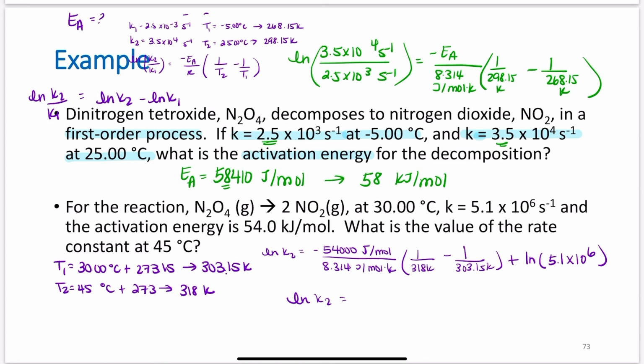Natural log of K2 equals 16.46. Raise everything to the power of e. K2 is equal to 1.4 times 10 to the 7th seconds to the minus 1. So you can use that equation to find activation energy or to find a K value. You can also find a temperature if you want to solve it that way. Hope this helps.